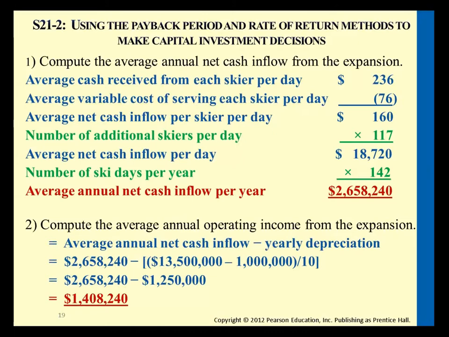So here's the catch. We're calculating here annual operating income from the expansion, right? But we're using the yearly, per year average annual net cash inflow and the yearly depreciation.